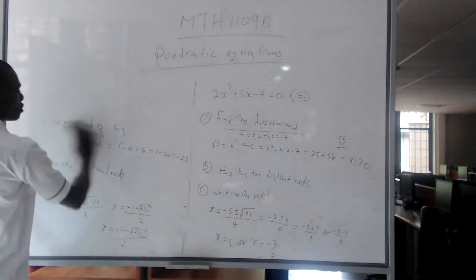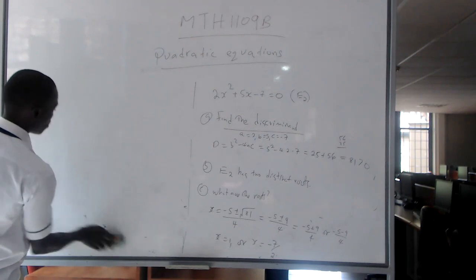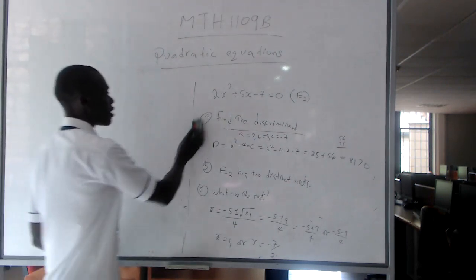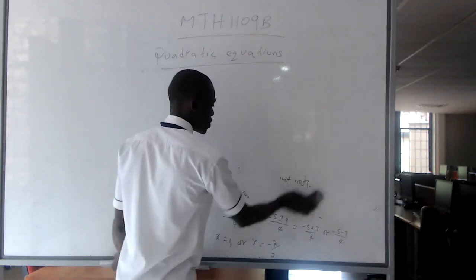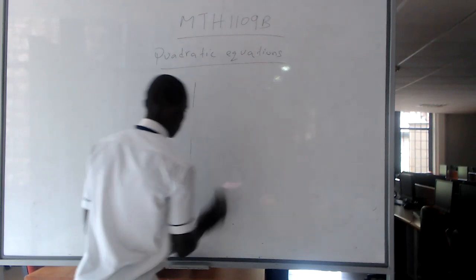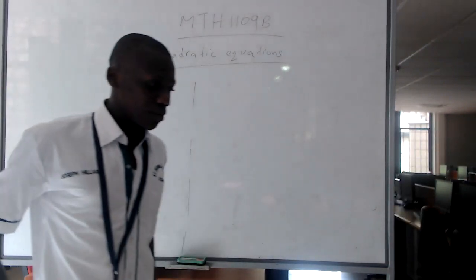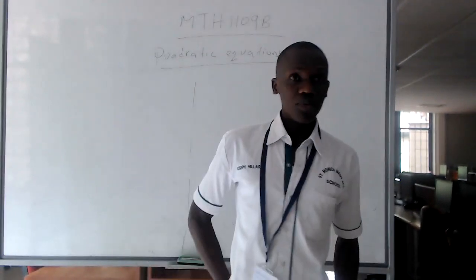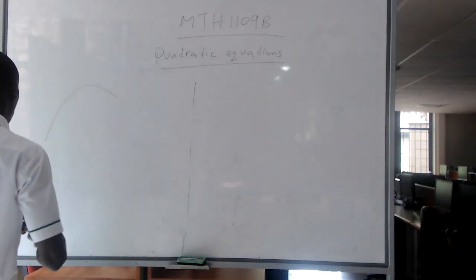There are many applications of quadratic equations because most of the functions used in real life are of degree 2. So you end up solving roots of a quadratic equation. For example, I can think of a projectile that is launched, especially if you are in the forces.